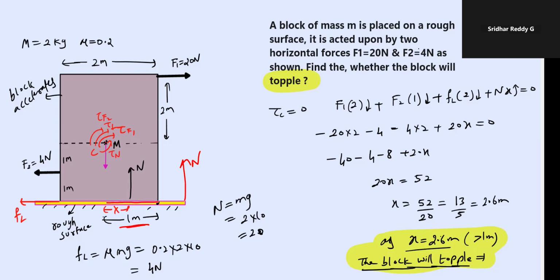Equal to 1 meter. At the most, it can act here. Since it is more than 1 meter, definitely it will topple about point P. What is the conclusion? The block will topple about corner P.